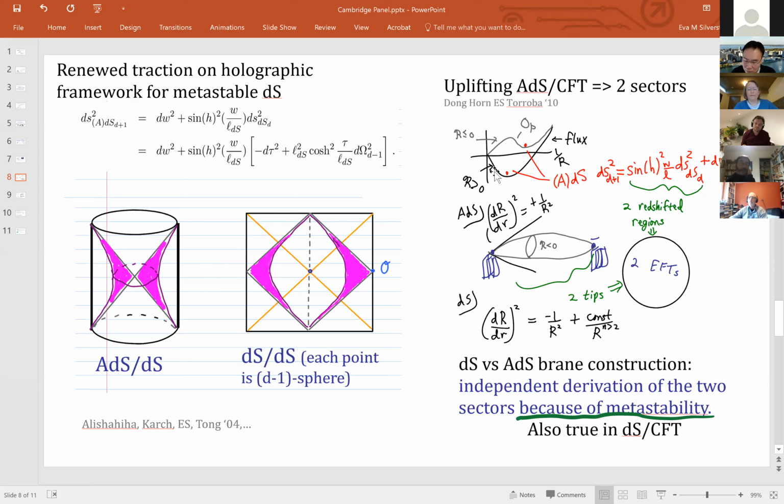And that fact reproduces what's known as the DSDS approach to de Sitter holography, where you think about de Sitter as a warped compactification to a one lower dimensional de Sitter, whose infrared, highly redshifted regions correspond to the very infrared region of a CFT on de Sitter space.